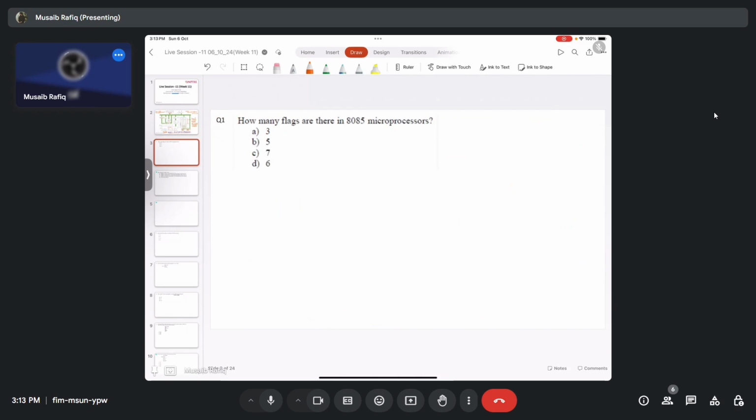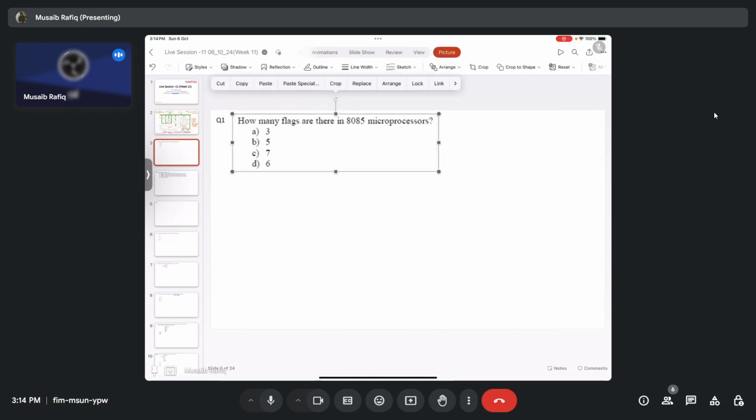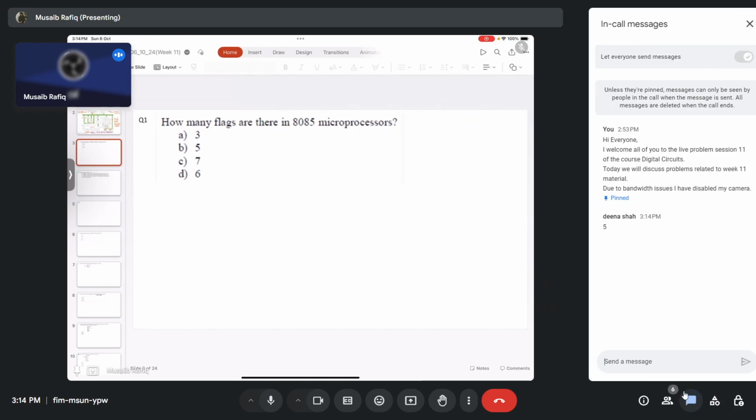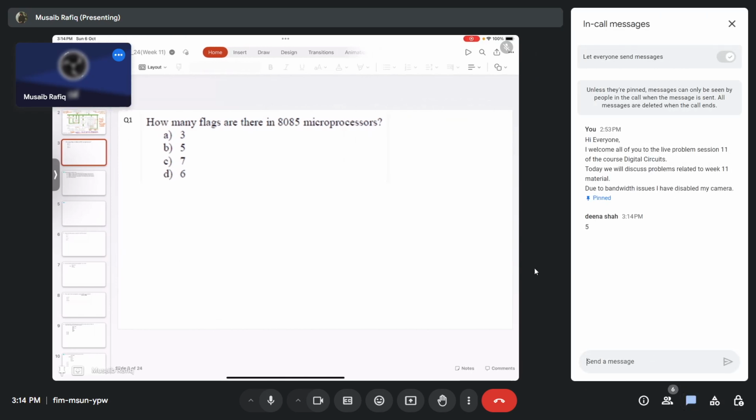It states: how many flags are there in the 8085 microprocessor? I think I already said it while discussing the architecture. Yeah, so one of the students has written. Anyone else?